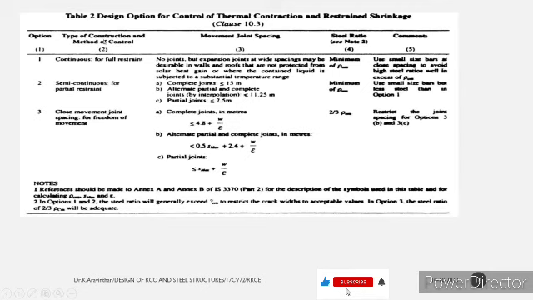Type of construction means, while designing, if you are providing a fixed joint between the slab and wall or wall and roof, then you can take the first row. If you are providing a partially hinged joint, you can go for the second row, and if you are providing a hinged joint in the water tank, you can go for the third case.